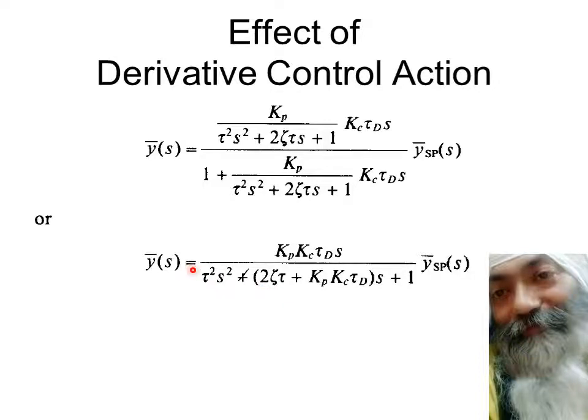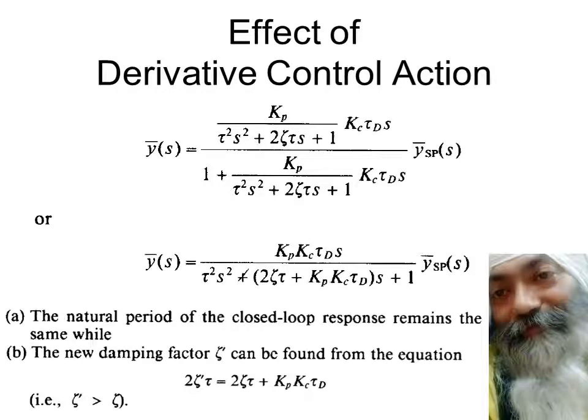This is something very significant, which will be taken into account, and that's what we are going to exploit in the use of derivative control in our control systems. So as said, the natural period of the closed loop is the same, but the new damping factor zeta dash is more.